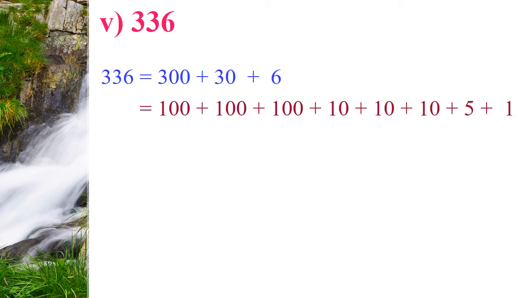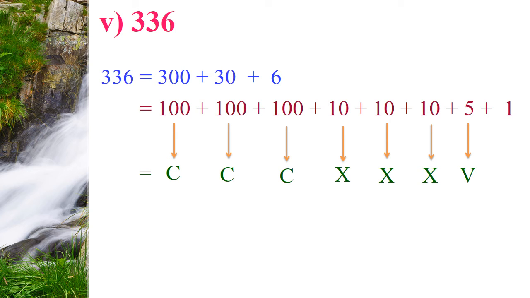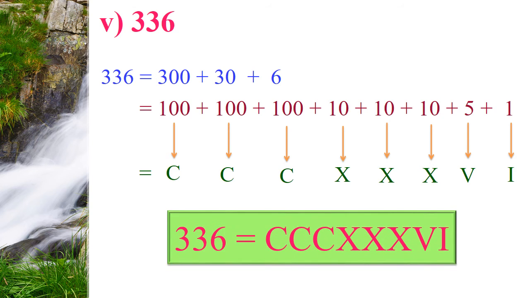Next, insert the Roman symbols. Here 100 represent C, 10 represent X, 5 represent V, 1 represent I. So finally we should write the symbols all together. So that is 336 equal to C C C X X X V I.